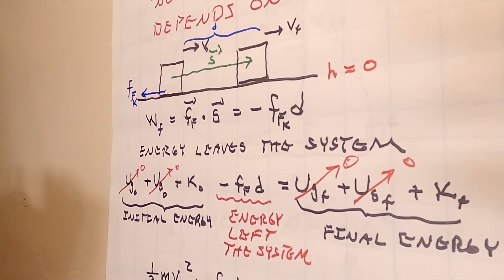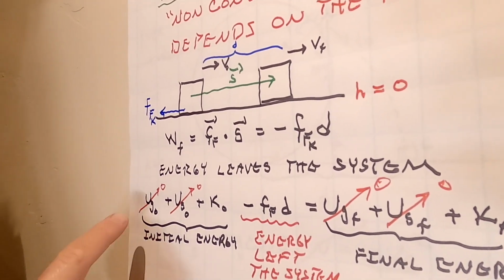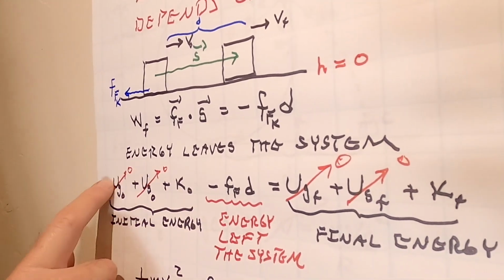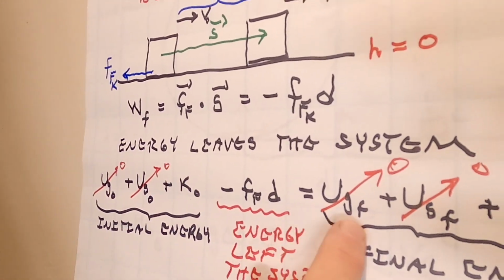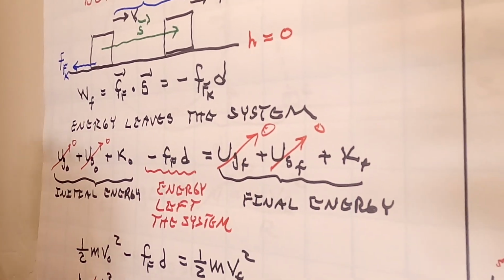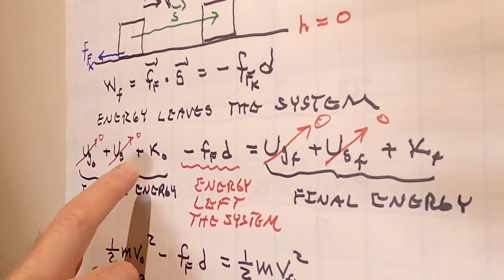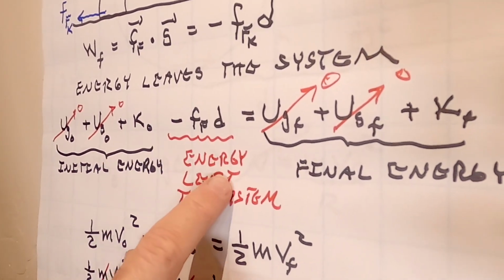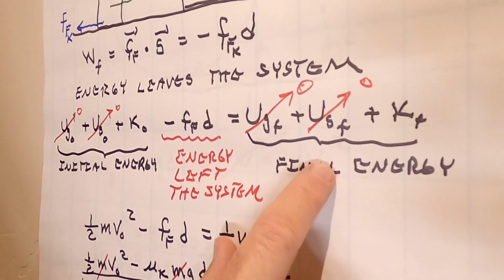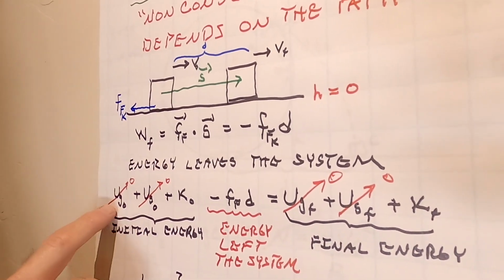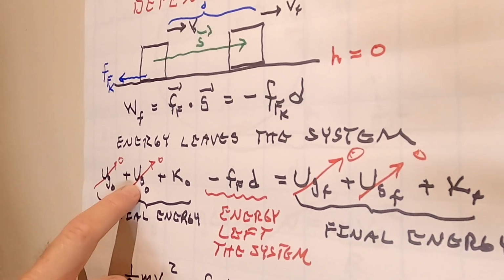It's leaving the system. So now my energy equation is, remember what we had before was the sum of these three at the beginning equaled the sum of these three at the end. But now what we have is the initial energy minus how much we lost equals the final energy. So in this case, if I call this height 0, there's no gravitational, and there's no spring in this problem.